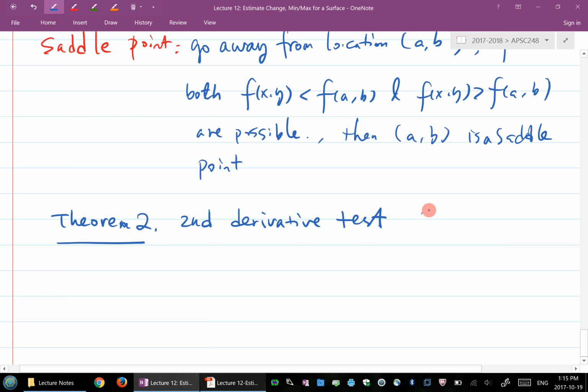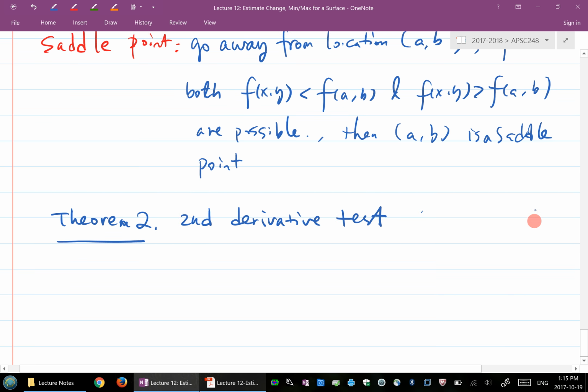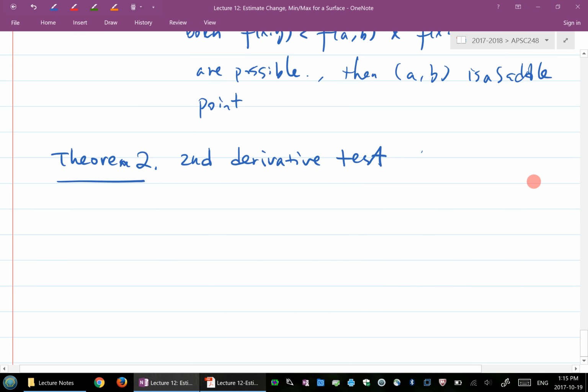Once we finish this test, then we'll be able to know what exactly it is. This is a bit of a long theorem, number 2 right here, so I'll just write it down first.